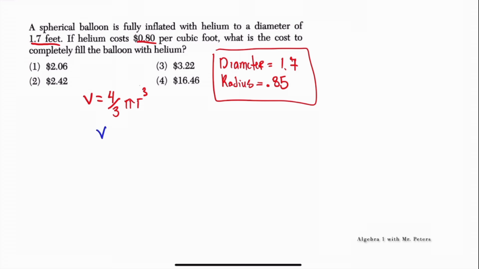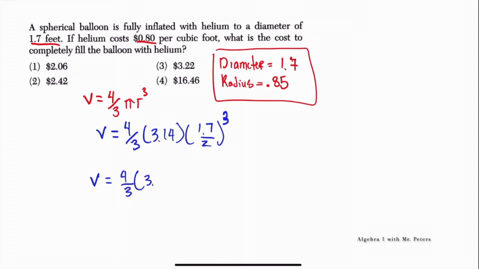So the first substitution, we could use V is equal to 4 over 3 times pi, 3.14, times the diameter divided by 2 cubed. Or you could already kind of simplify. So we have 3.14 times the actual radius, which is 0.85 cubed. Either one of these are going to get us to the correct answer.